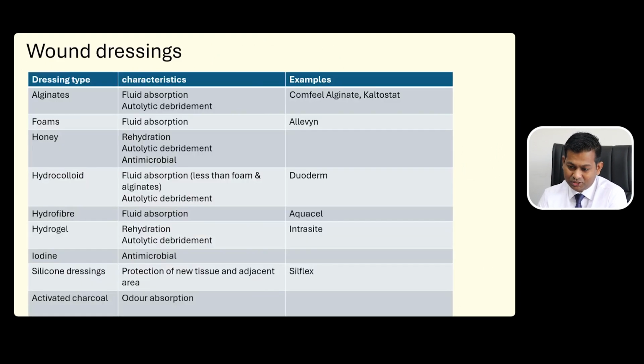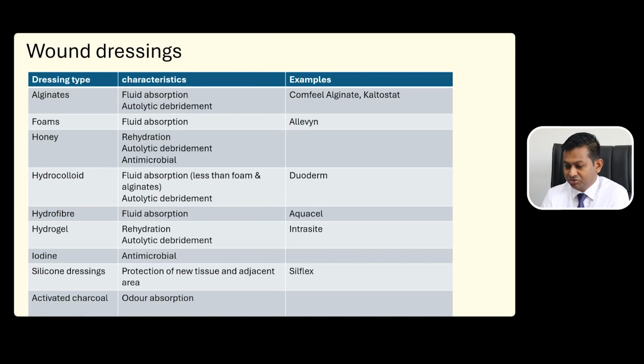Okay, so there are a lot of wound dressings, and if we go by the dressing types, there are alginates, foams, honey, hydrocolloids, hydrofibers, hydrogels, iodine, silicone dressings, charcoal, which have their own characteristics. And because these names may sound familiar, I have shown some of the available dressings.